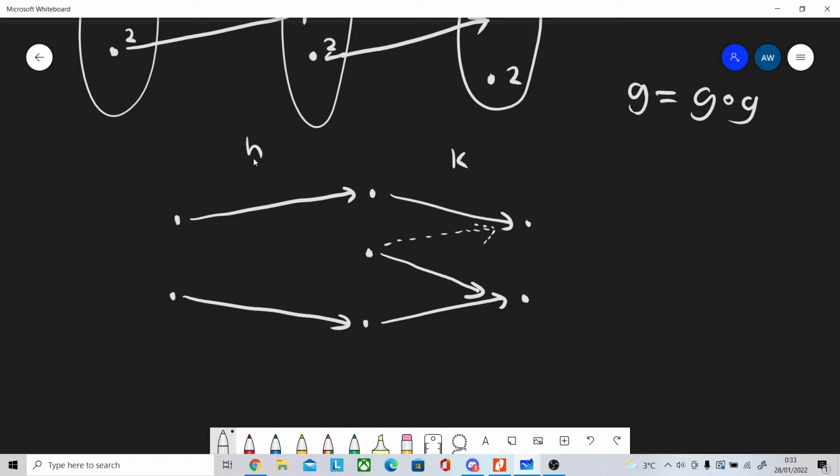Because if you follow the arrow from H to K, hk. So notice that wherever these arrows point to can point to here, it doesn't have any effect on how we determine how the composition is formed, basically.